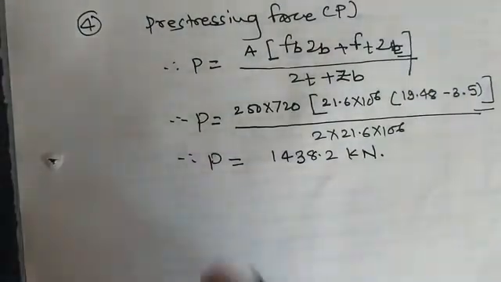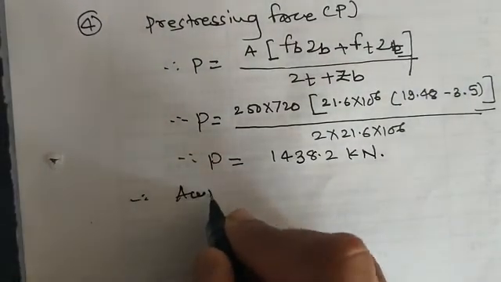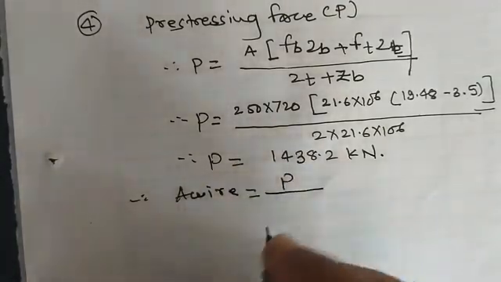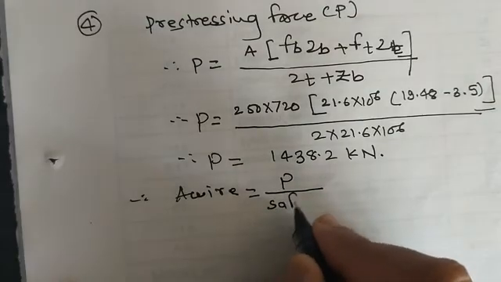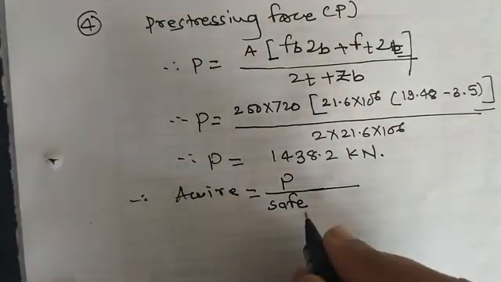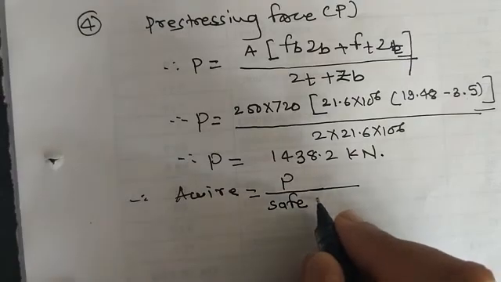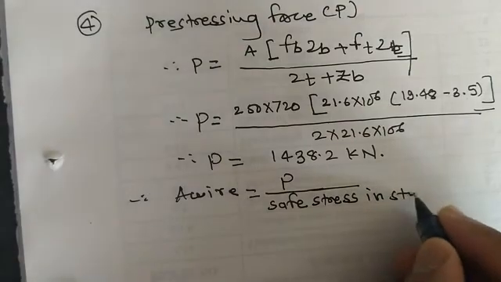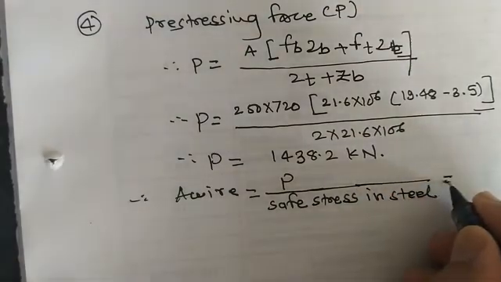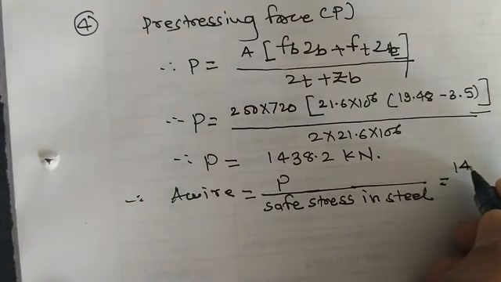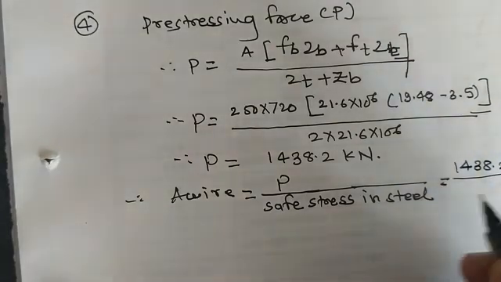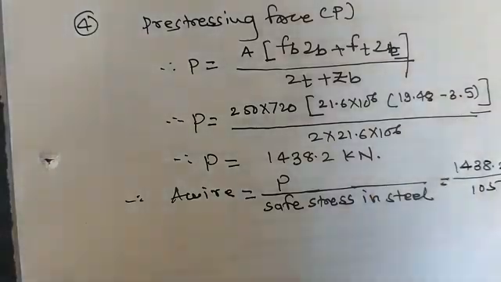Then find out the area of wire required. It is pre-stressing force divided by safe stress in steel. So pre-stressing force is 1438.2 into 10 raised to 3. The safe stress in steel is 1050.